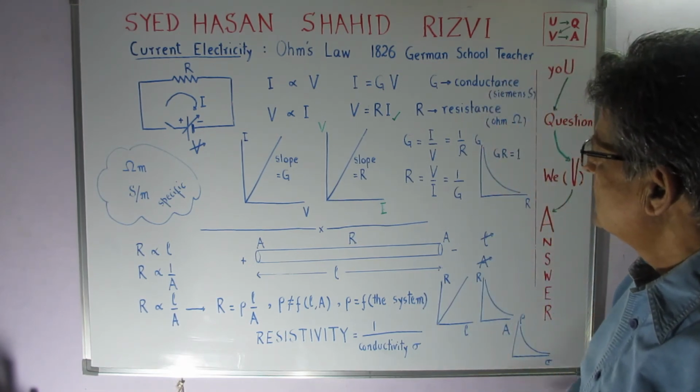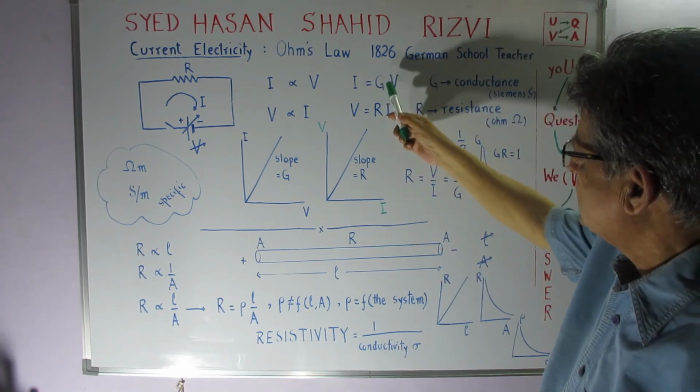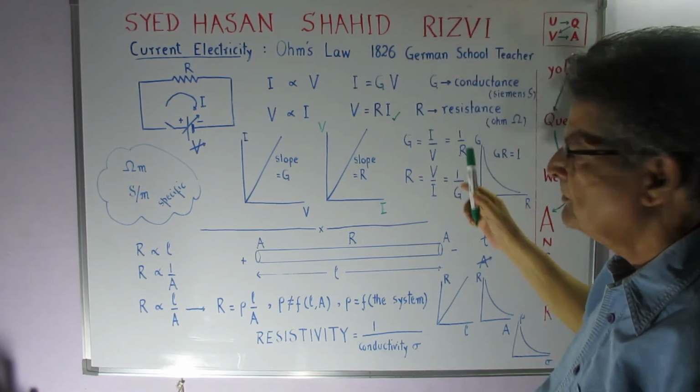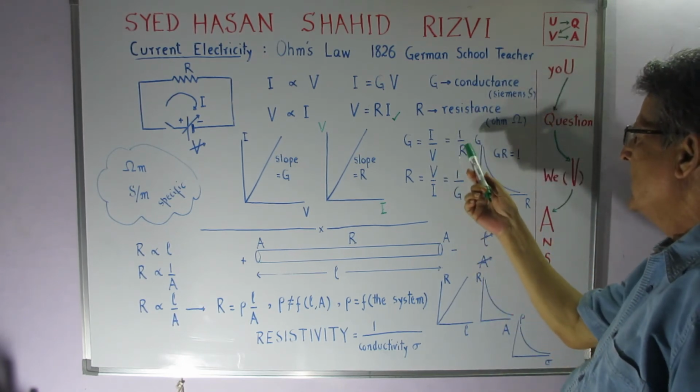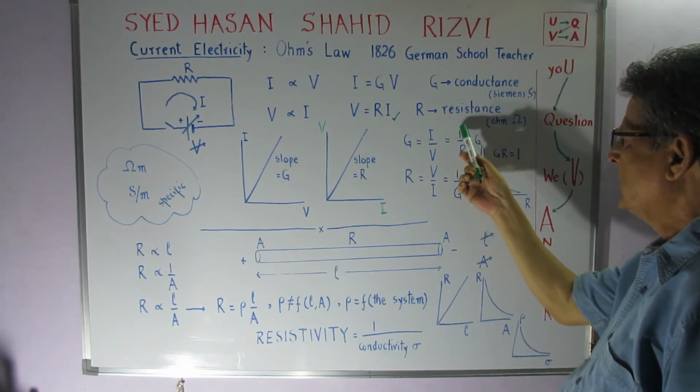Of course, from this relation I can write G is equal to I upon V, amperes upon volts, and this is called 1 upon R.